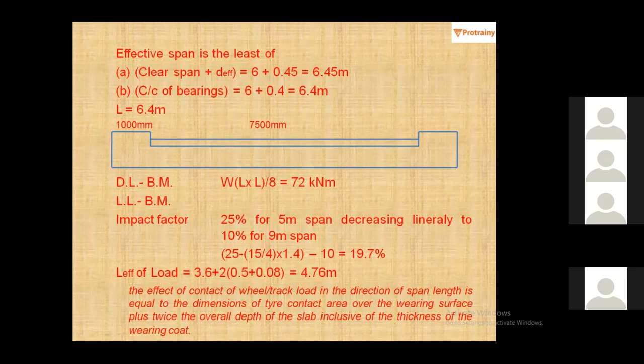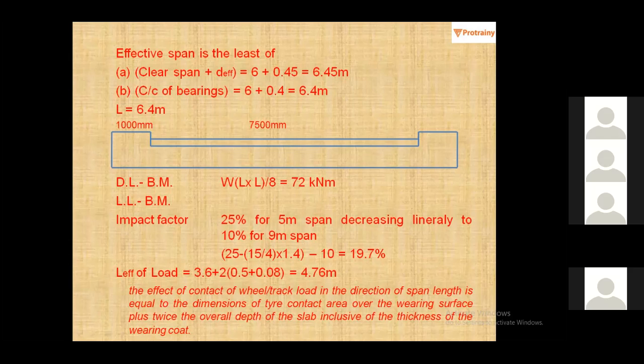Now we have to find out bending moment because of live load. बेंडिंग मोमेंट बिकॉज ऑफ लाइव लोड में सबसे पहली चीज जो सबसे इंपॉर्टेंट चीज है, पहली बात तो ये कि योर लाइव लोड इज मूविंग, तो आपको उसको इस तरह से अरेंज करना पड़ेगा जिससे हमें मैक्सिमम बेंडिंग मोमेंट मिले, ठीक है. सेकंड थिंग इज बिकॉज ऑफ द मूवमेंट ऑफ योर लाइव लोड, we have to consider this dynamic aspect of the live load.